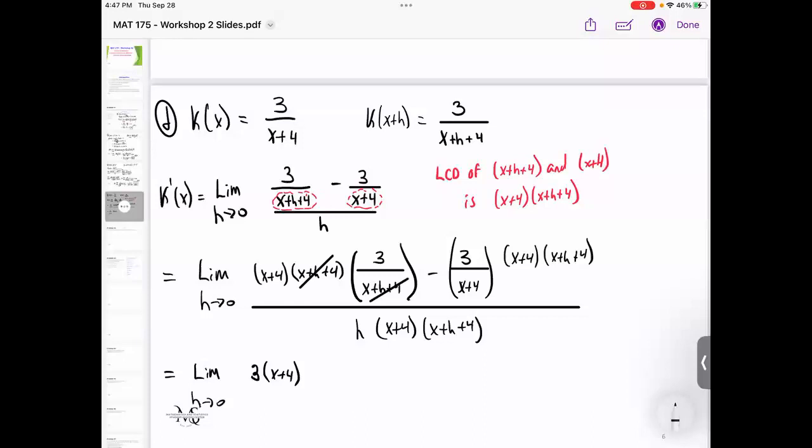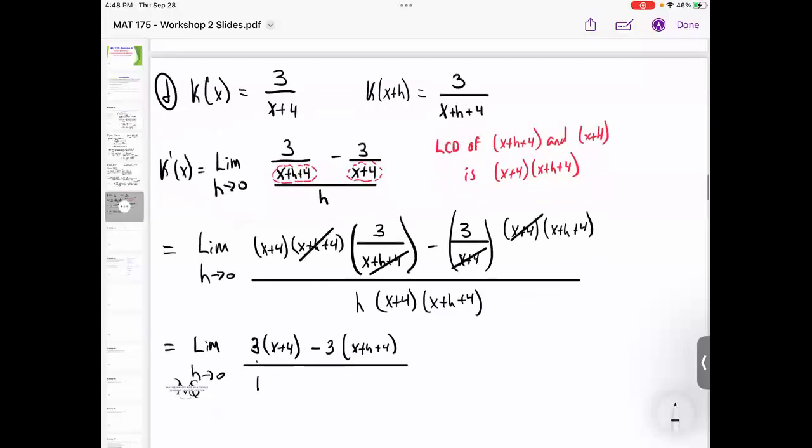And in the second term, 3 over x plus 4, when you multiply by your LCD, the x plus 4s will cancel. That will leave us with negative 3 times x plus h plus 4, all divided by your denominator of h times x plus 4 times x plus h plus 4. And the denominator, you can leave it alone for the moment.